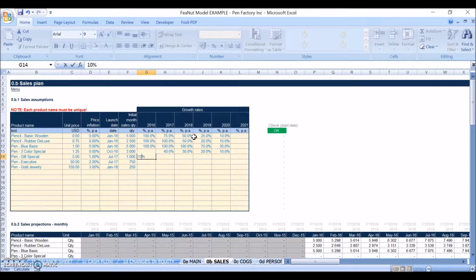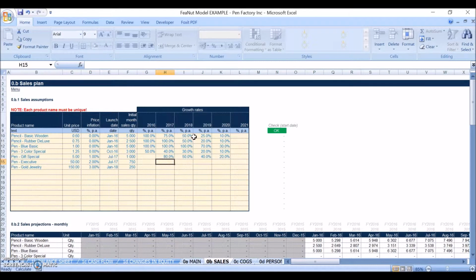This one launches in July 2017, so we don't even need to put anything in 2016 because the model will not take that into account. So let's start with 2017 at 80%. Let's do 50%, 40%, and 20%.